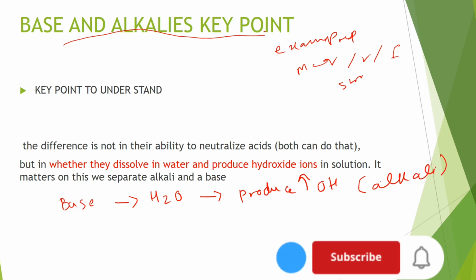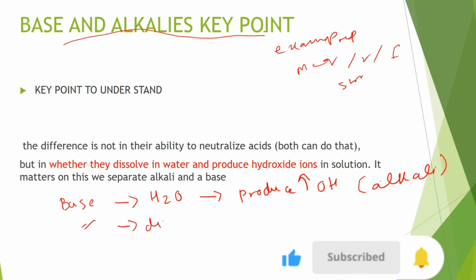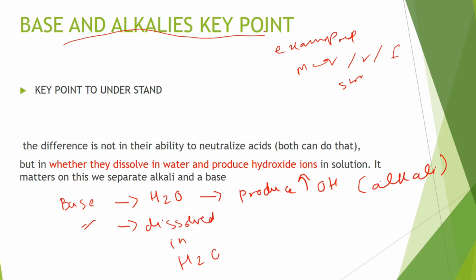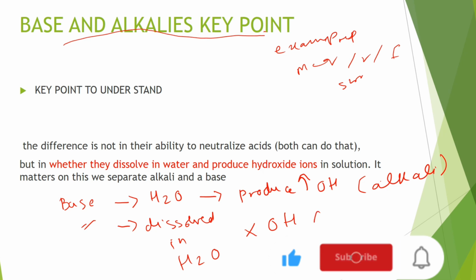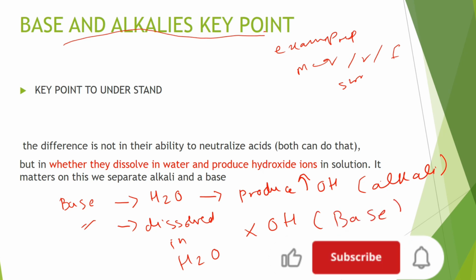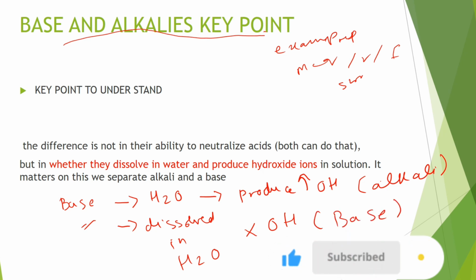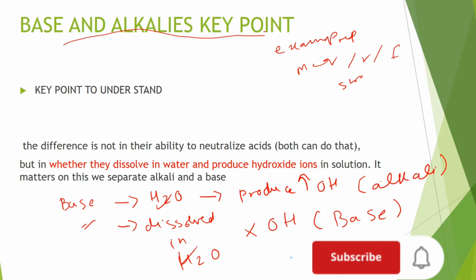Whereas if the base does not produce OH ions, we will simply call it a base. This is the key difference, which occurs due to the presence of water. So you must remember, when a base is dissolved in water, it produces hydroxyl ions, so that is an alkali, and if it does not produce hydroxyl ions, it is just a base.